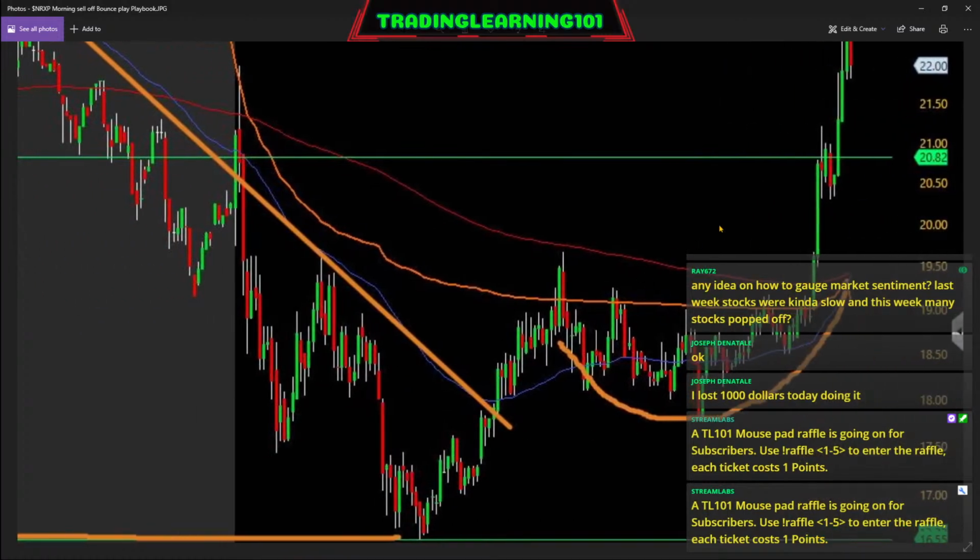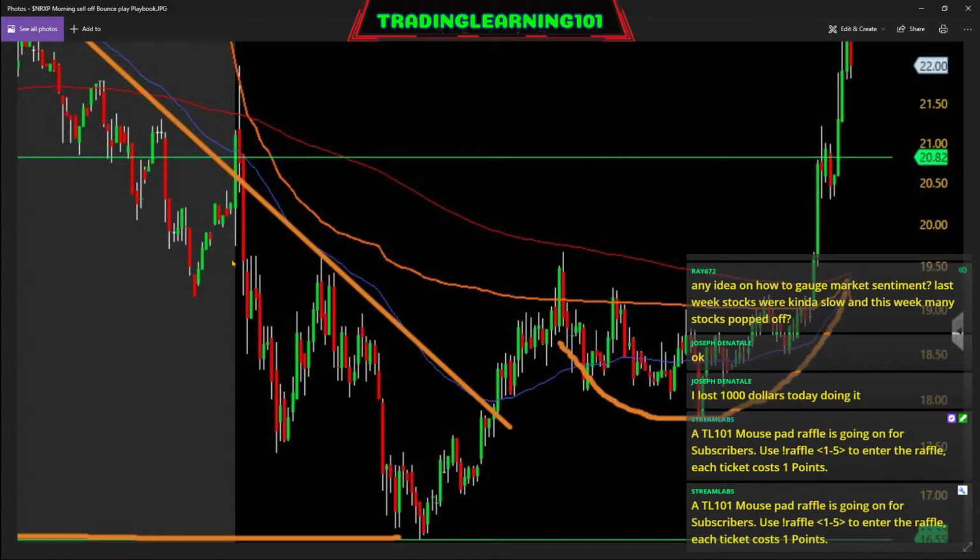That's a $5 move in total right here. And if you would have traded the open here, from 20 bucks, it ripped up to 21, and then it ripped to 22, and then it slammed all the way back down to 20, and then it slammed down to 19, slams down to 18, all within the first 2 minutes.